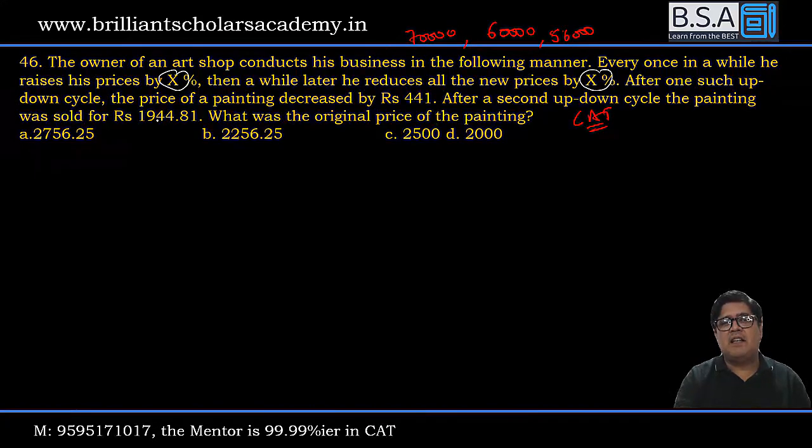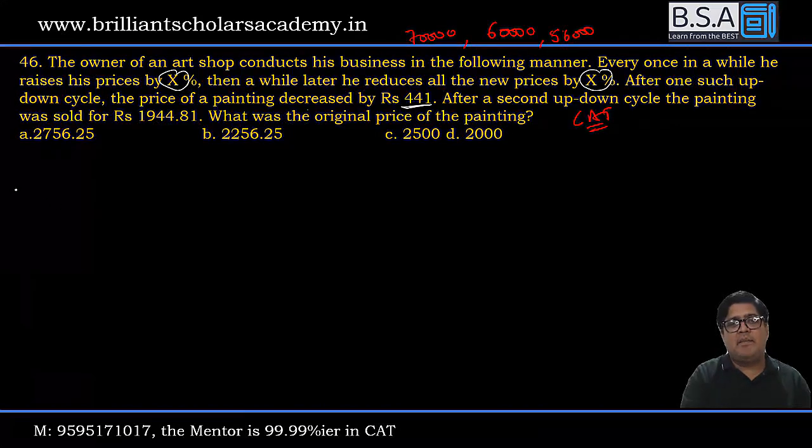After one such up-down cycle, the price was decreased by 441 rupees. After a second round of up-down cycle, the painting was sold for rupees 1944.81. What was the original price of the painting?